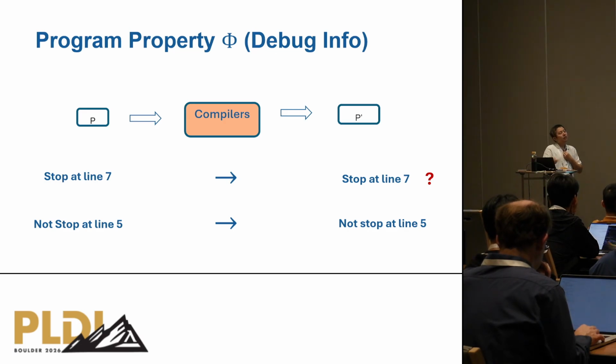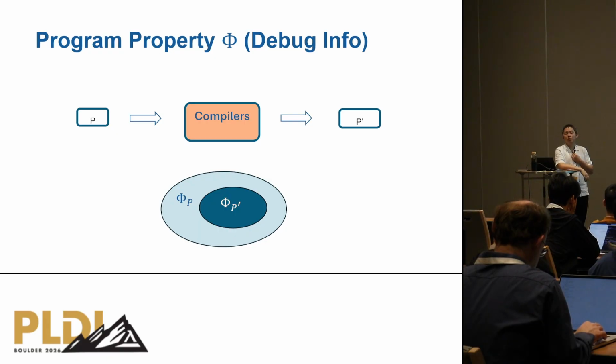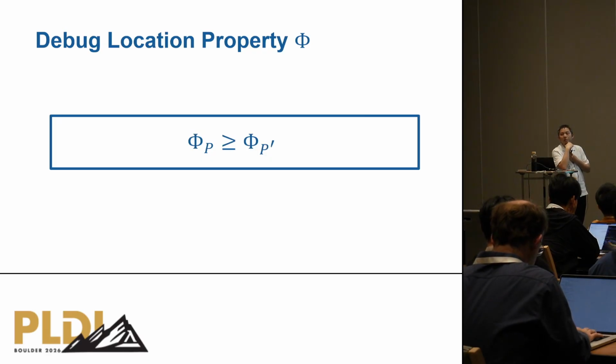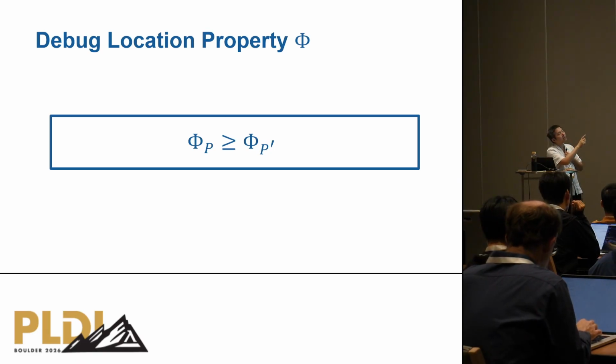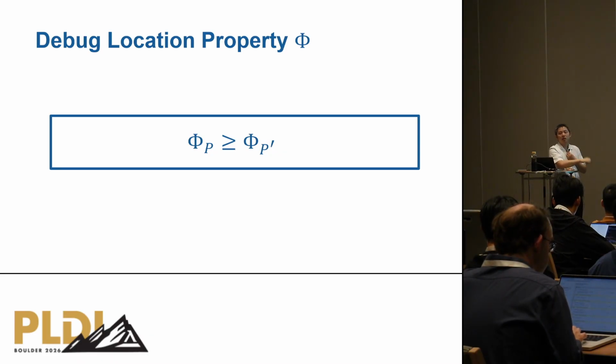Based on these two claims, the debug location associated with the optimized program P prime is a refinement of the original program. That is the formal property that we want to validate in our debugger information validation workflow: the debugger locations observable in the optimized program are only a subset of those observable in the original program.